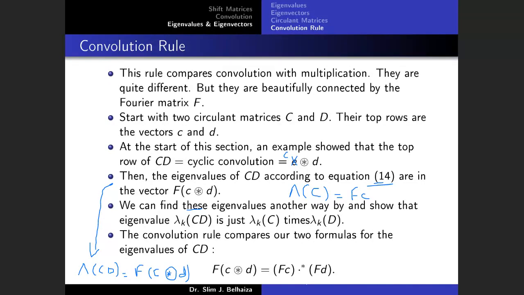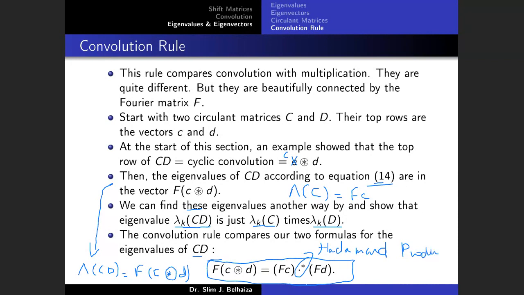The lambda k of CD is just the lambda k of C times the lambda k of D. The convolution rule compares our two formulas, so you can define it as follows: F of C times D is F of C times F of D. This dot star here is the product item by item, what we also call the Hadamard product. With MATLAB, this is the way to write it.